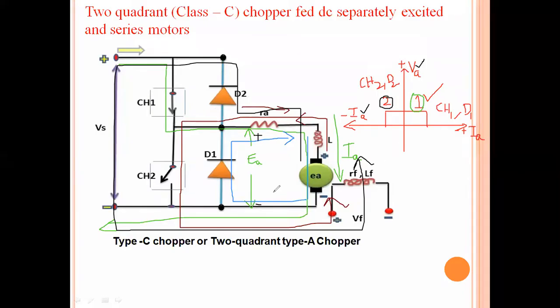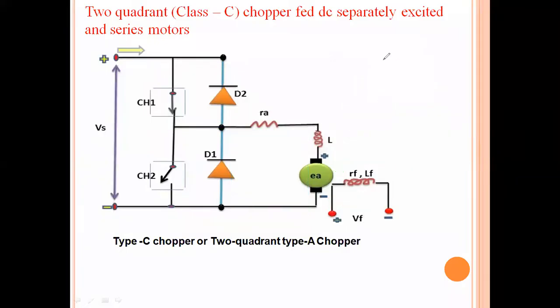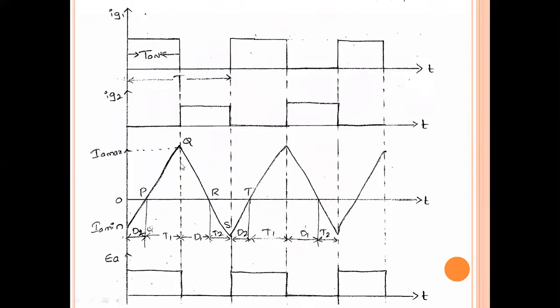Okay, so this is the two quadrant chopper operation, and we can also see the waveforms of this operation in the next slide so that we can clearly understand. This is the switch 1 gating pulse and this is the switch 2 gating pulse.